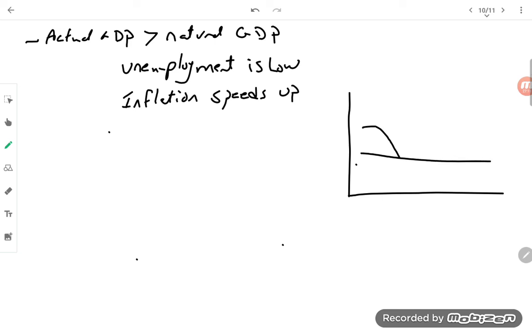This can be a fluctuation, and this can be a fluctuation. So we would like to minimize the difference between the actual and natural instead of it being a huge amount. Okay, so this is the main idea of studying the business cycle, to minimize fluctuations, whether in terms of unemployment rate or inflation rate.